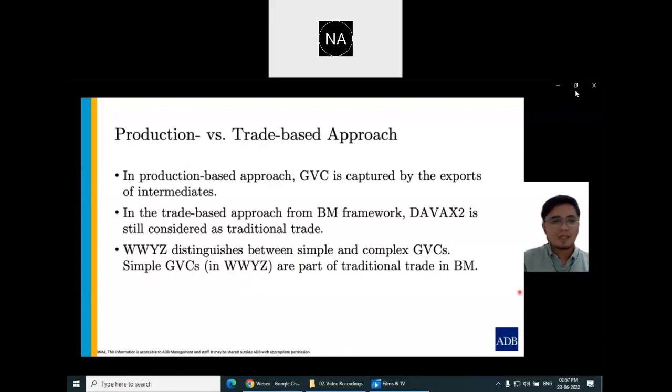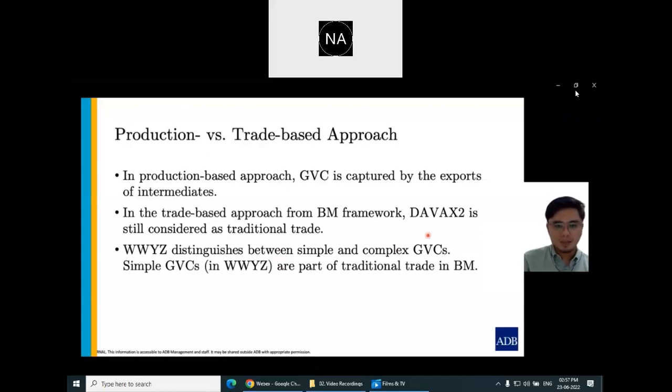Another important comparison between the two is their definition of traditional trade. Now, in the production-based approach, GBC is captured by the exports of intermediates, while in the trade-based approach, under the Borin and Mancini framework, DAVAX 2 is still considered as traditional trade.